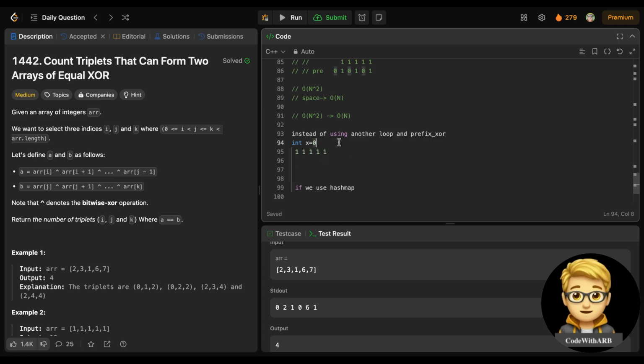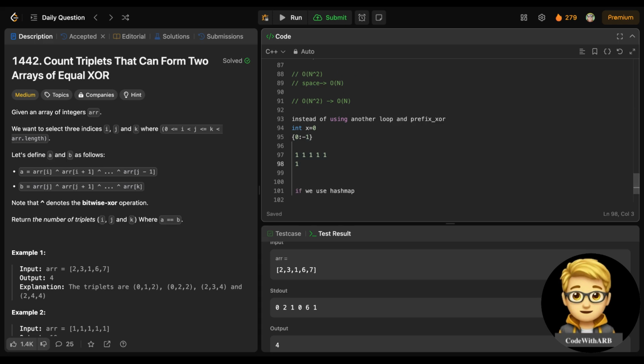So this x is 0, so we will just initialize this 0 in my hash map with -1. Why I'm doing this -1, you will know, just be with me. So this is 0 and this is the 1, so 0 XOR 1 will give us 1, right? So is this 1 in my hash map? No, right? So we will insert this 1 in my hash map with index 0, right?